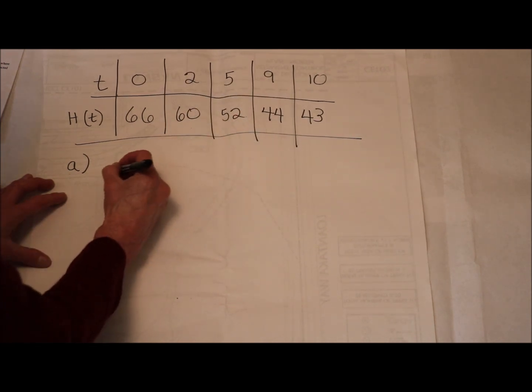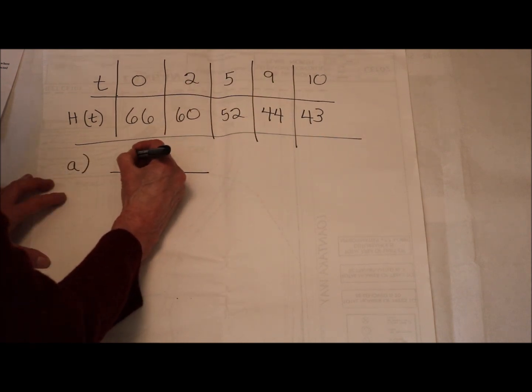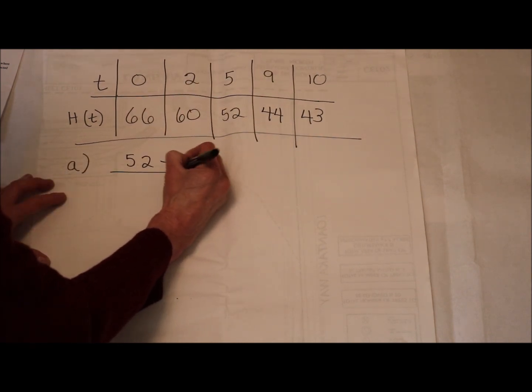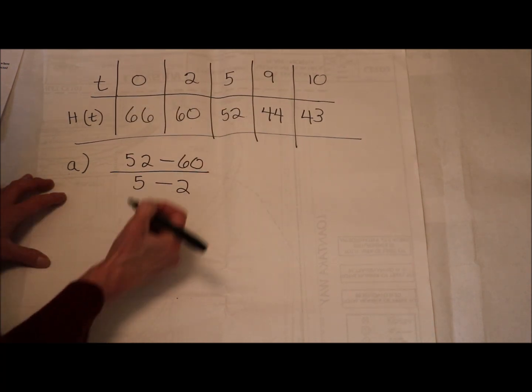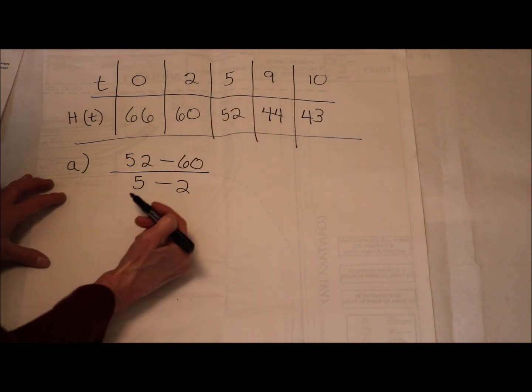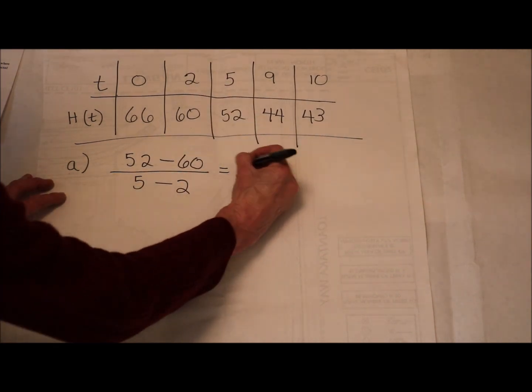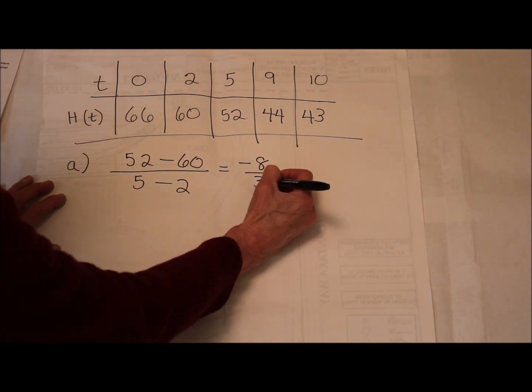So I'm just going to find the change in my y. So 52 minus 60 over the change in my x, over the interval 2 to 5, because 3.5 is going to be right in there. So that's going to give me -8/3.